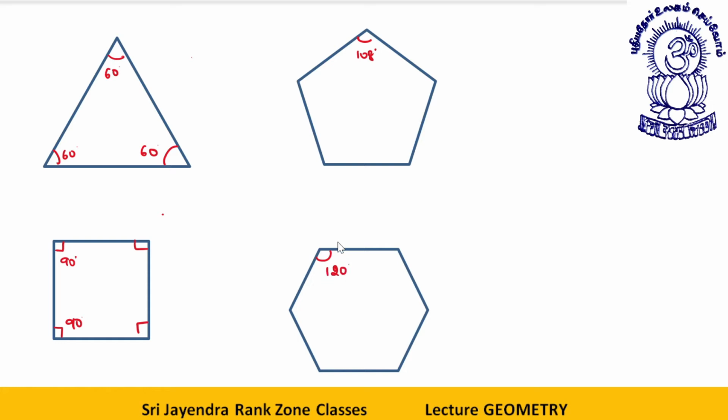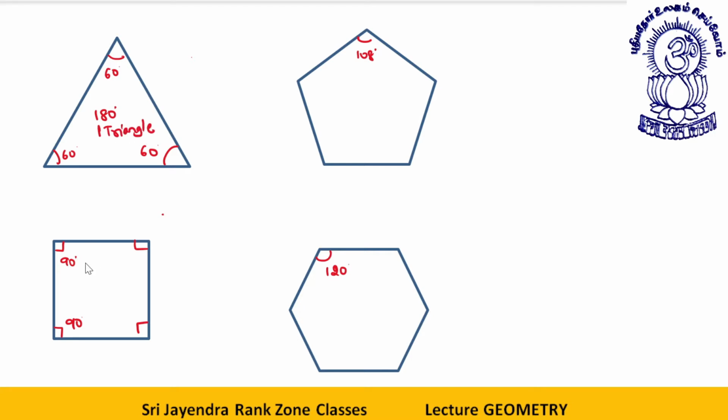How do these things come? See students, first of all, just think about it. Let's talk about the angle sum of a triangle. The angle sum is 180 degree, because it has one triangle.